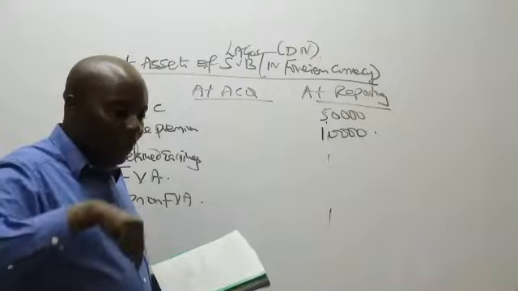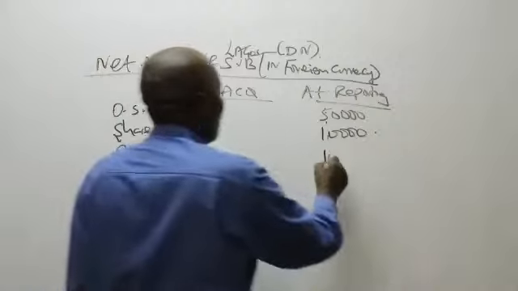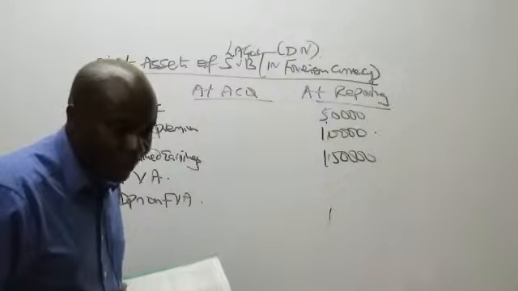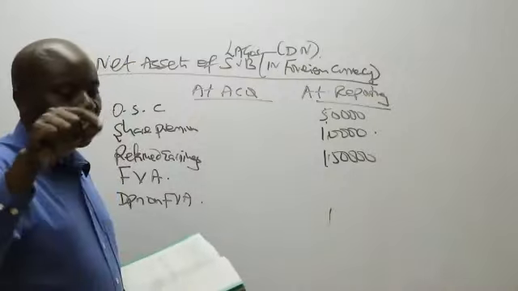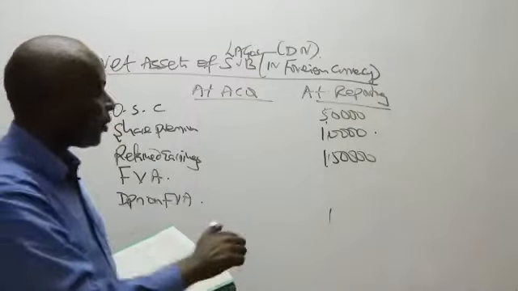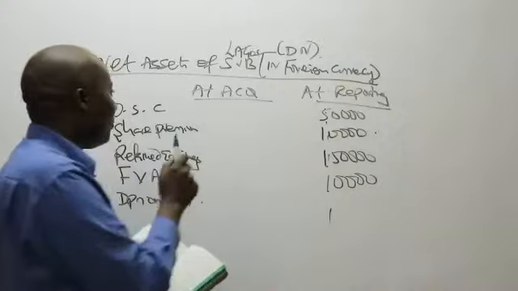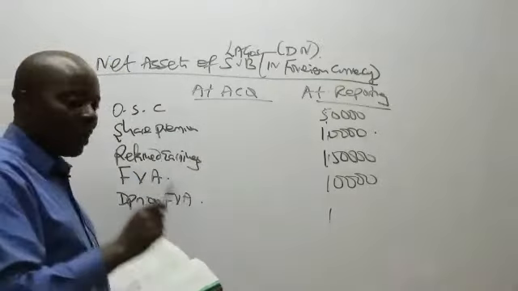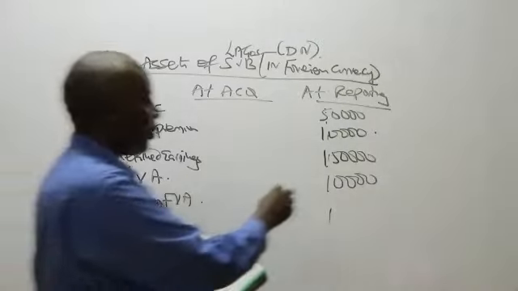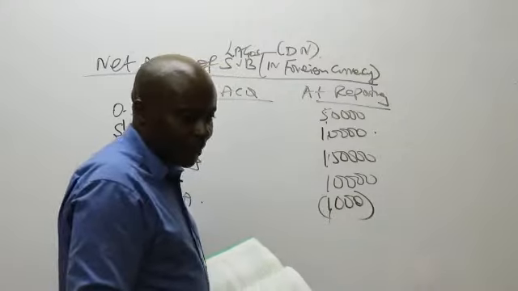Retained earnings for Lagos: 150,000. The fair value adjustment of Lagos assets: 10,000. And the depreciation on fair value adjustment: 1,000. But remember, this is something you deduct.